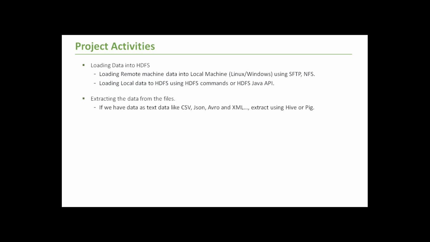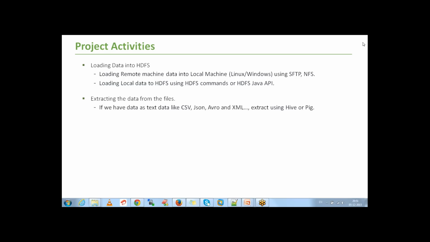If you have data as text, like CSV, JSON, Avro, or XML, we can extract that data and write queries, and this kind of data we can handle in Hive. In previous training classes we discussed how we can load different kinds of data into Hive.